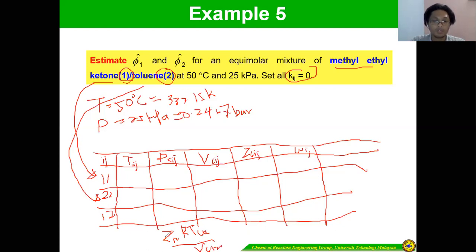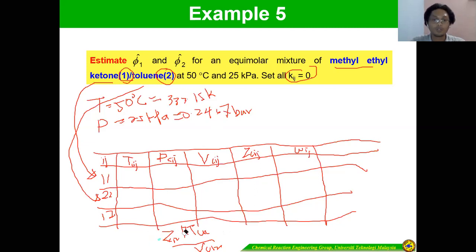So that means we need to determine ZC12, RTC12, and VC12 first. That's why we have to determine VC, ZC, and omega first.